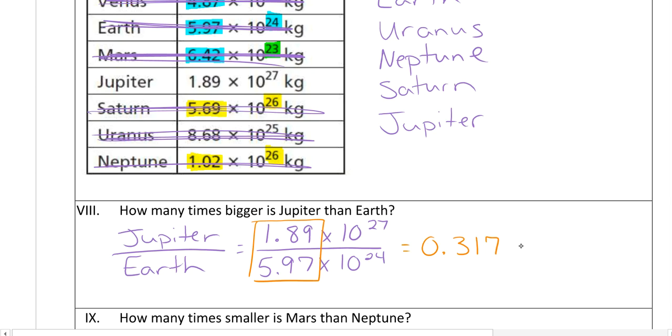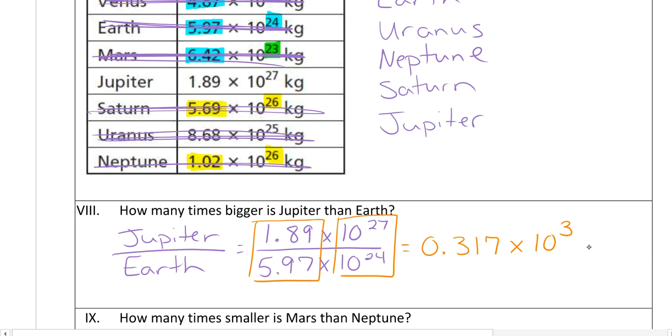And then remembering scientific notation, I'm going to have that times 10. And now this is the neat part. Remember, we just worked with our exponent rules. 10 to the 27th divided by 10 to the 24th. That has a common base of 10. So since I'm dividing them, I'm going to use the quotient rule. So 27 take away 24 is going to leave 10 to the third. And so I get 0.317 times 10 to the third.